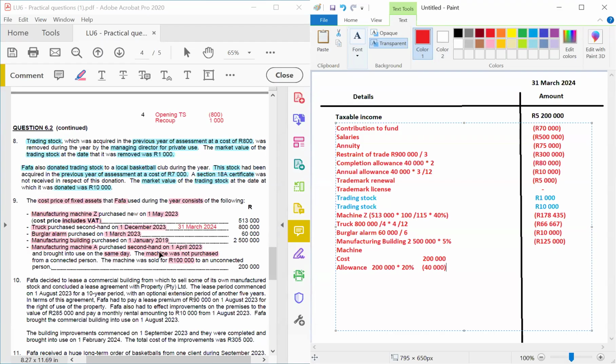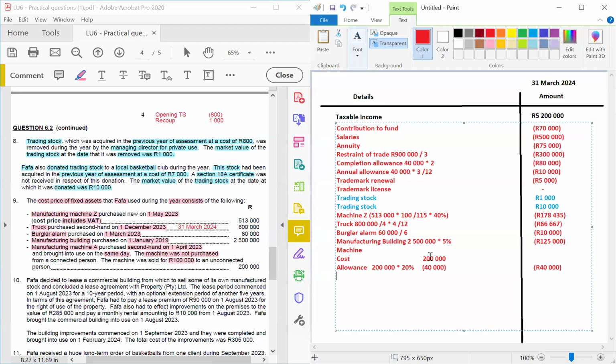Now this 40,000, when was it purchased? This year. 1st of April is the beginning of our current year of assessment. So this will definitely be the allowance for this year, right? I am killing two birds with one stone. While I'm doing the calculation here for profit or loss, we are also accounting for the allowance.